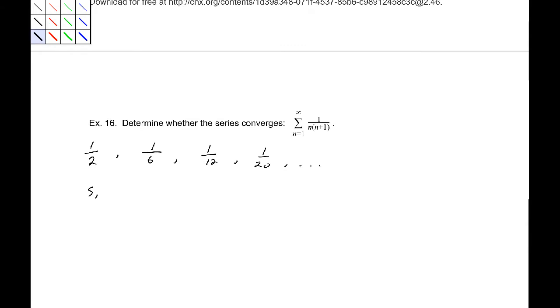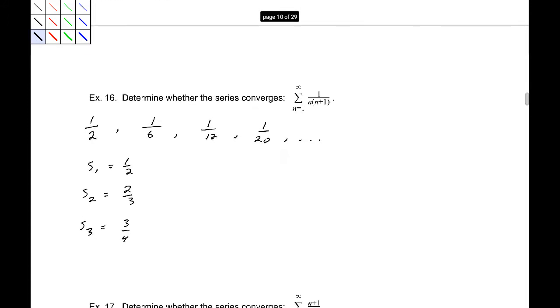So S1 is 1/2. S2 is 1/2 plus 1/6, which is 2/3. S3, 1/2 plus 1/6 plus 1/12. That is 3/4. S4 is 1/2 plus 1/6 plus 1/12 plus 1/20, and that is 4/5.